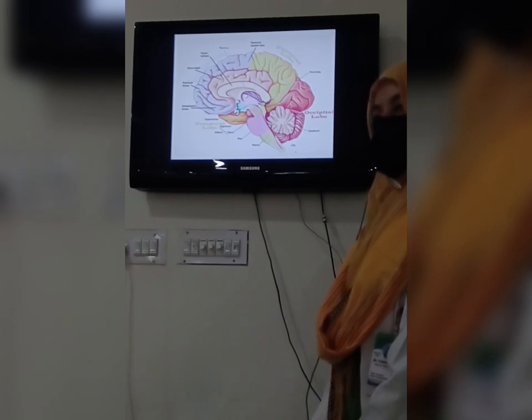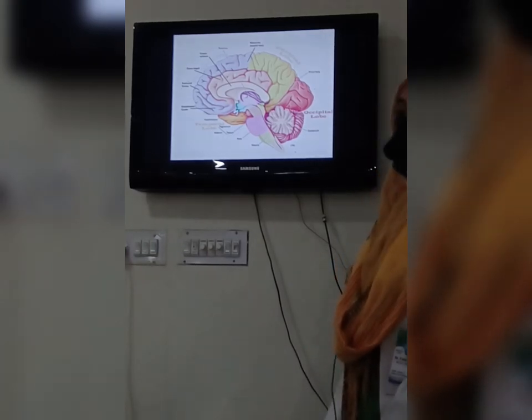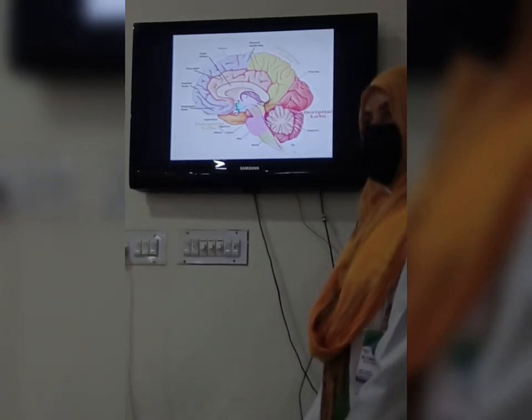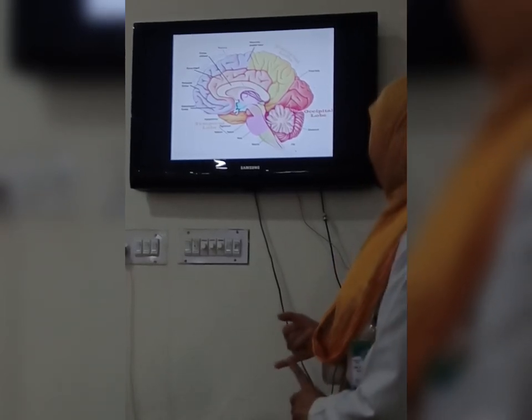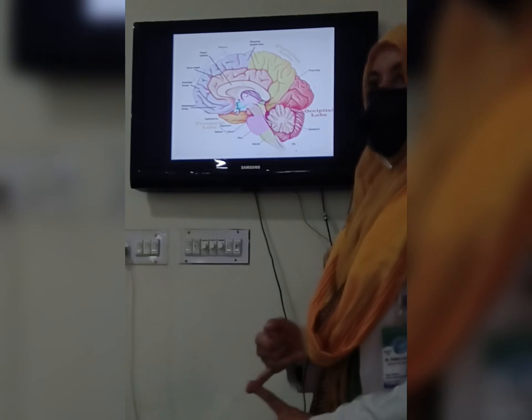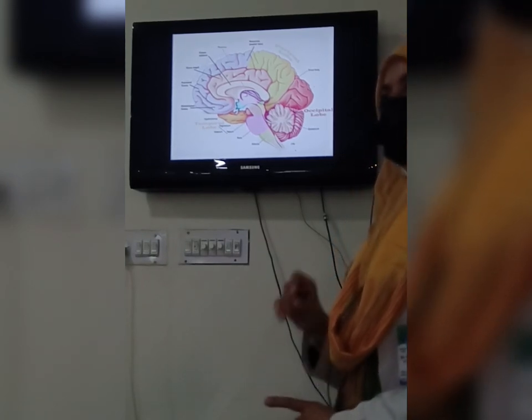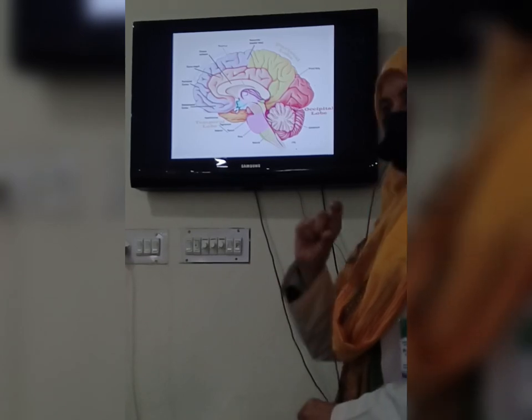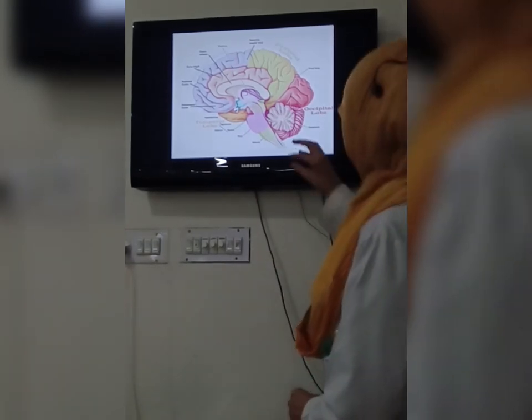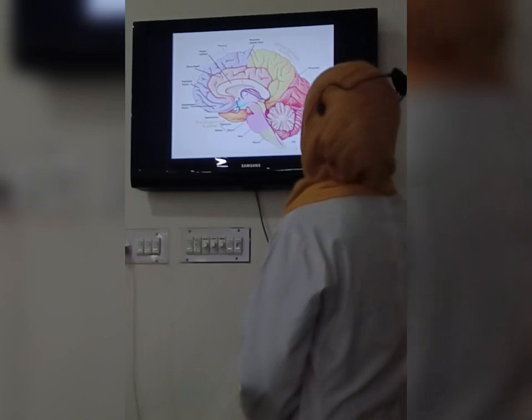You can make any mnemonic regarding them. They are just the dentate, emboliform, fastigial, and globose. And you can make a mnemonic that "doctors eat good food", the initials of it, right? They are just deep buried in it.